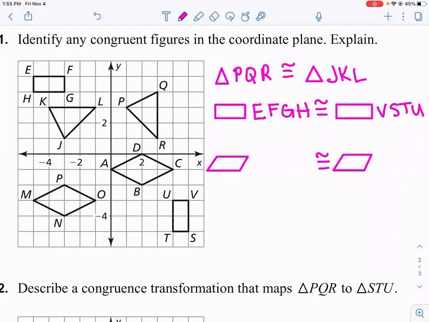How about I choose A, B, C, D? If I choose A, B, C, D to name this, over here, which one am I going to choose first? M and O P. Sounds good to me.